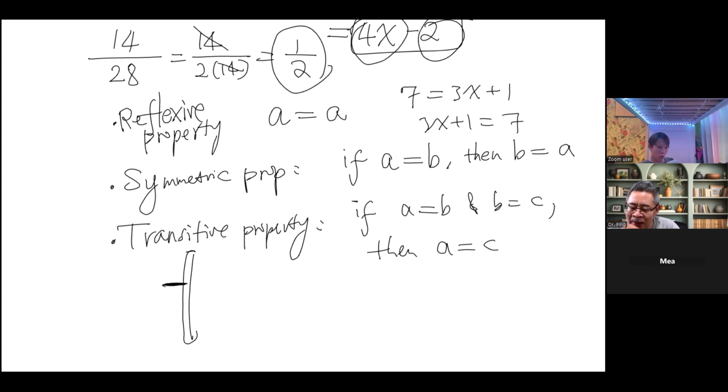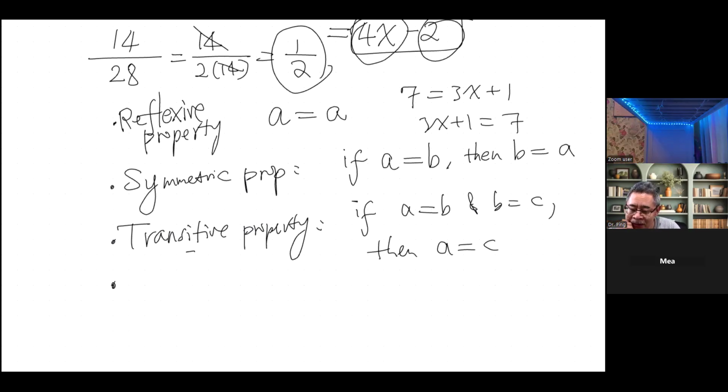If you're exactly at the same marker, that means you and your friend are the same height. Even though you haven't really checked with your friend directly, you know that both of you are on the same marker, so therefore you are the same. So this is the property we use. It's called the transitive property.